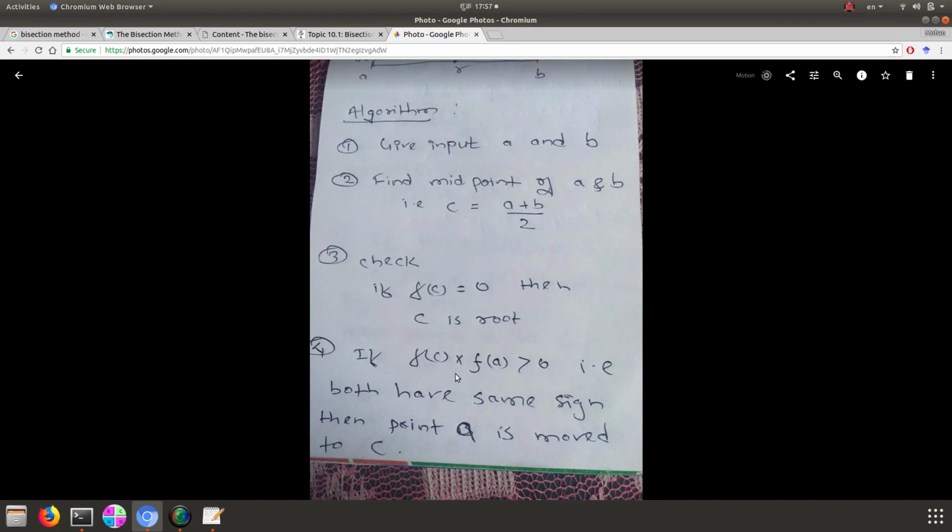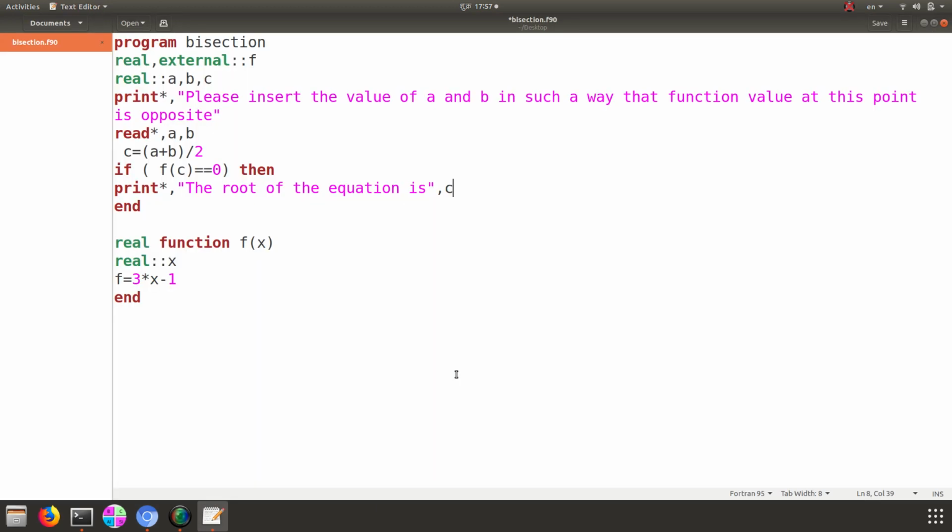Sometimes this happens: f of c and f of a have the same sign. In that case we need to write if f of a into f of c is greater than or equal to 0. So this defines f of a into f of c dot gt dot, meaning greater than 0.